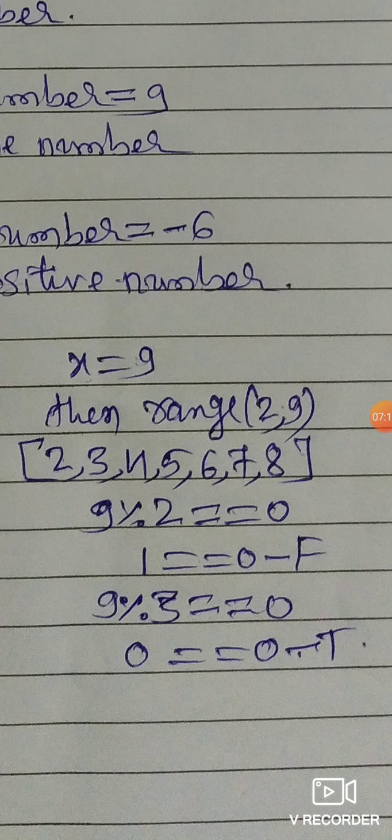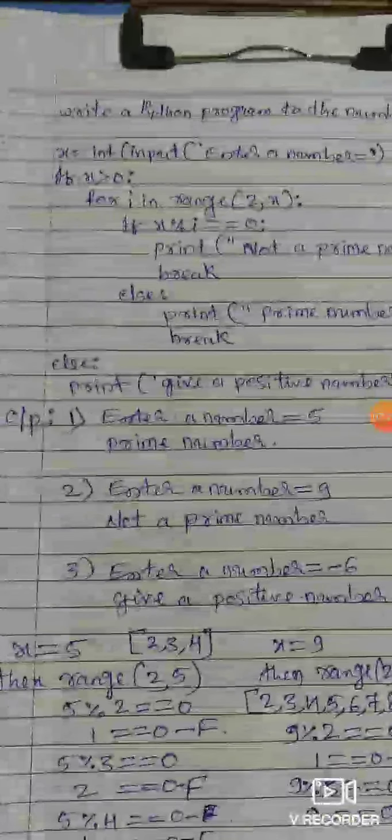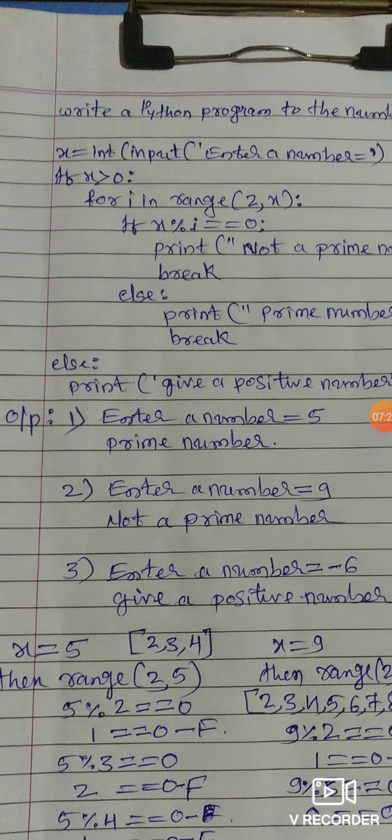It takes the second value, 9 mod 3, which gives 0, and 0 equal to 0 is true. Here 9 is divisible by 1 as usual, and 3 and 9 itself. So obviously this is not a prime number.